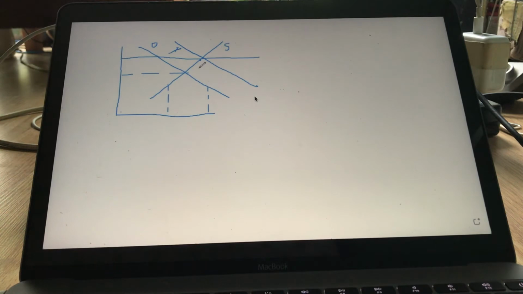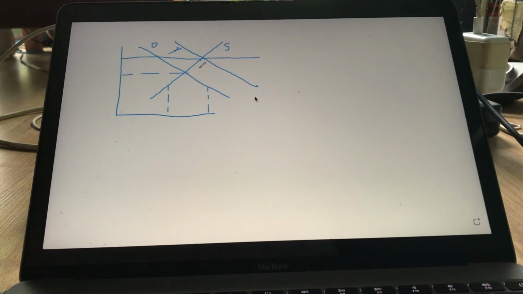When they sell the foreign currency, it increases the supply. We don't have the opposite way, okay? The central bank cannot shift the supply curve to the left or shift the demand curve to the left. They cannot do that. Please always remember that, okay?